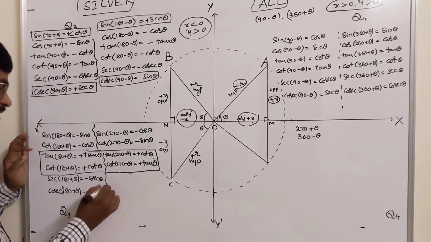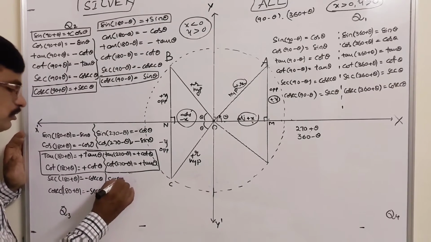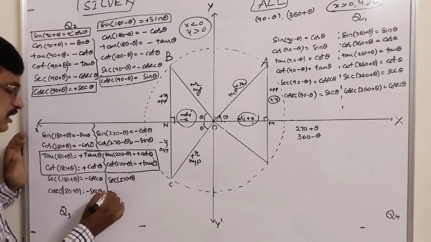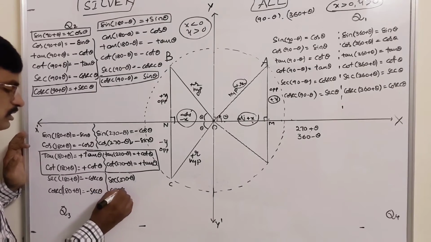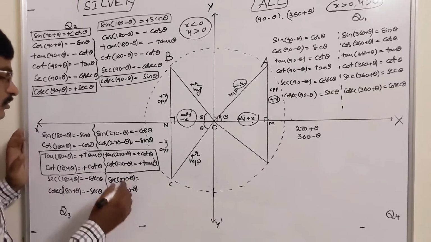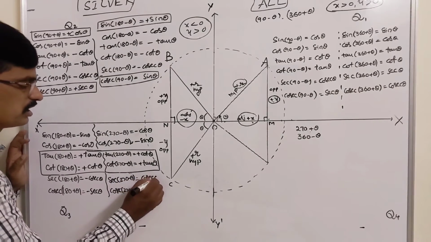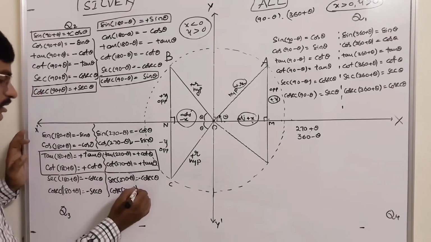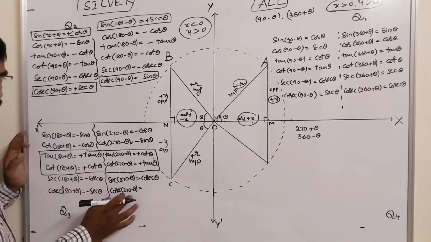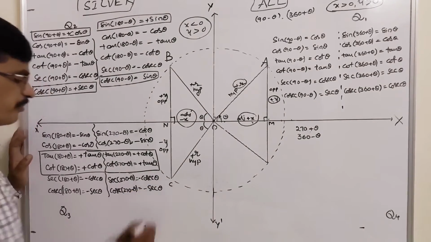Okay, here secant of 270 minus theta becomes minus cosecant theta. Cosecant of 270 minus theta is minus secant theta.